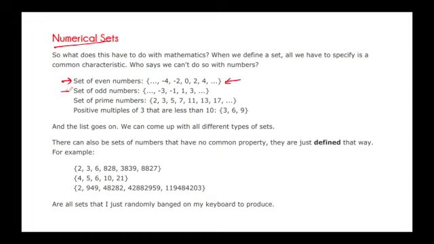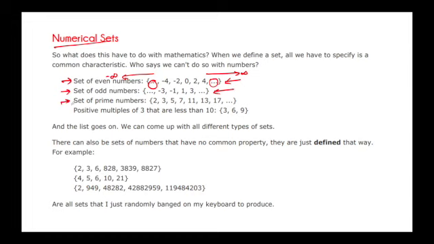We have here the set of odd numbers, and if you guys want, take a note of these things, and you notice the dots here. So the dots here show that it goes on in this direction to infinity. But then we have dots here showing that it's coming from that direction also, to negative infinity. So you have infinity in both directions here.